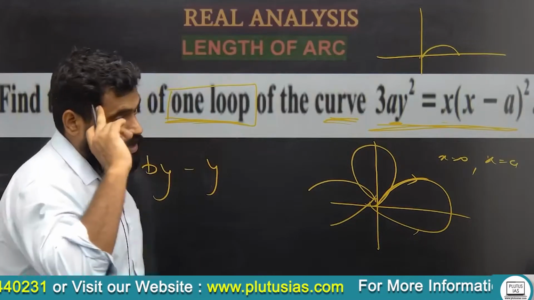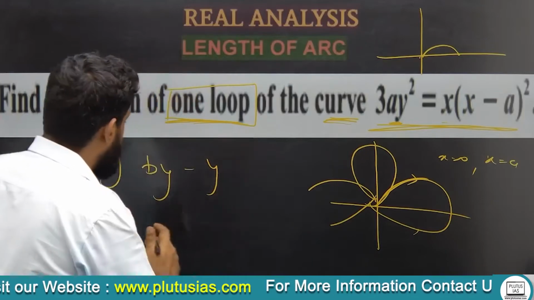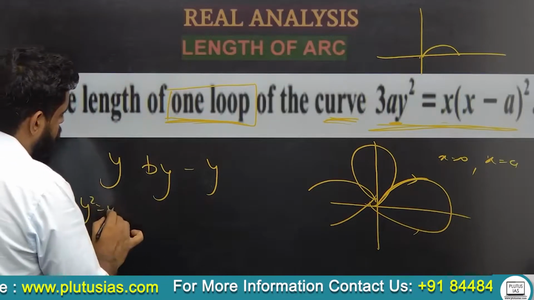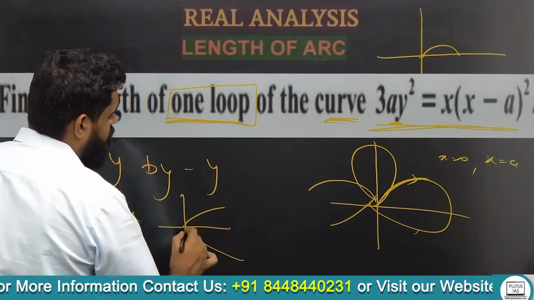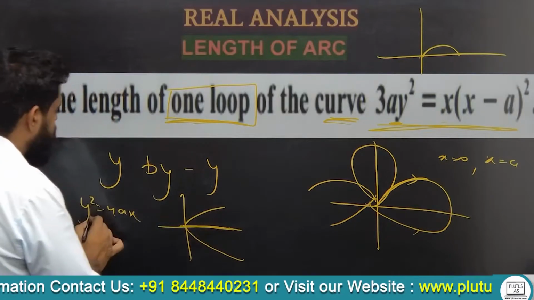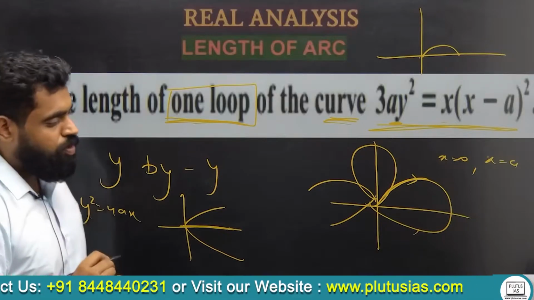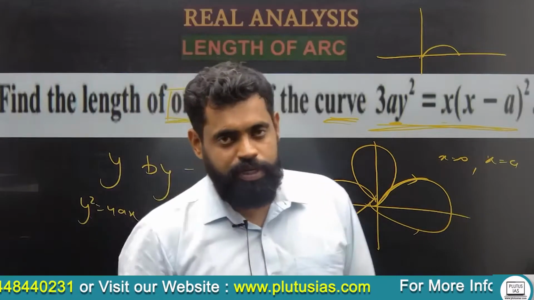I always remember this technique: I know the graph of y square equal to 4ax is a parabola and it is symmetric about the x-axis, and in this case also, if you put y equal to minus y, the equation doesn't change.